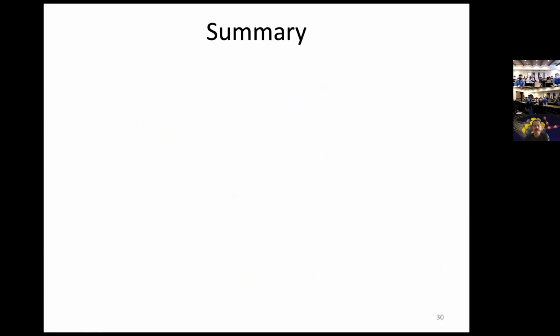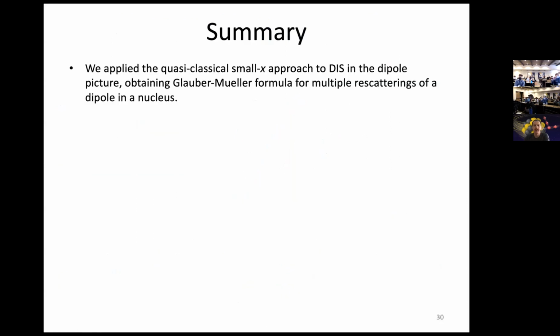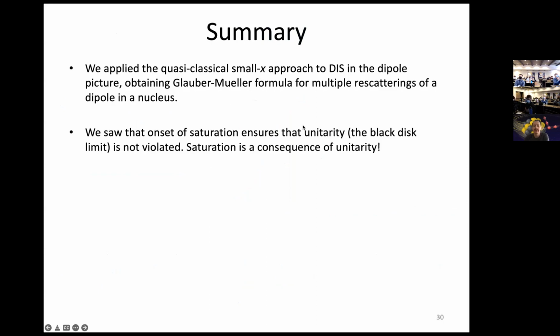Okay, so summary so far: we have applied this quasi-classical small x approach to DIS. In a dipole picture, we obtained this Glauber-Mueller multiple rescattering formula for a dipole and a nucleus. We saw that the onset of saturation ensures the black disk limit is not violated, and hence unitarity is not violated.